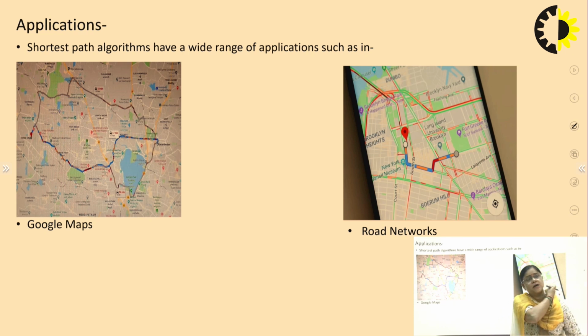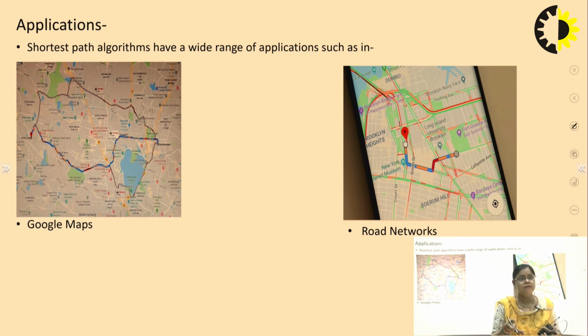Now, the applications of the shortest path. The shortest path algorithm is widely used in Google Maps or the road map. Suppose we want to go from our city to some other city or destination, then we have to find out the minimum path.